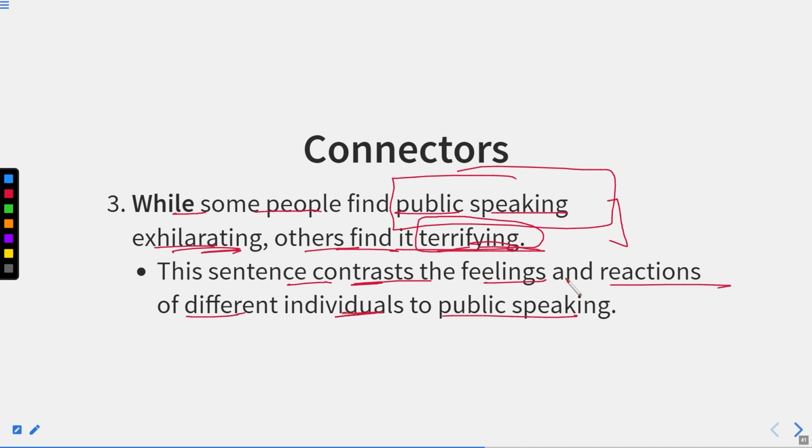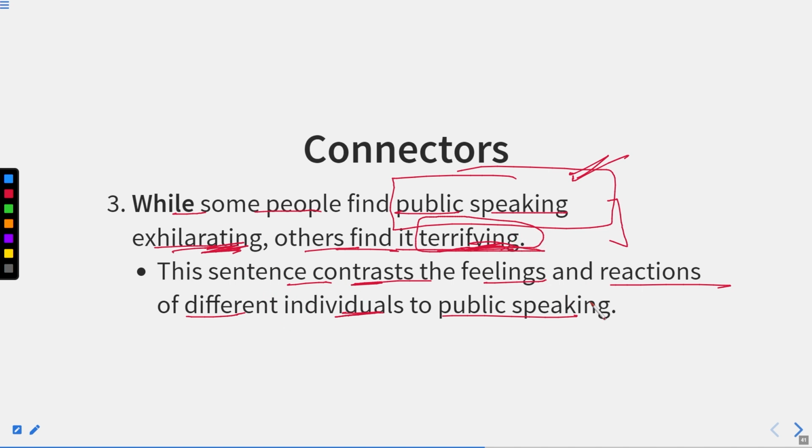They are comparing public speaking on the basis of two things. The first viewpoint is that it is exhilarating, whereas others find it terrifying. It means they said that this is not good, or this is dangerous.